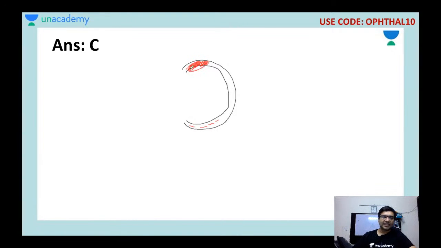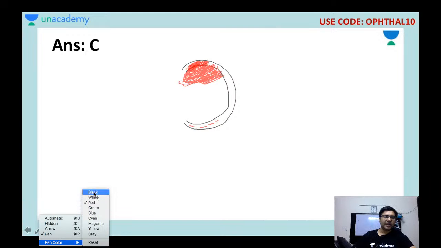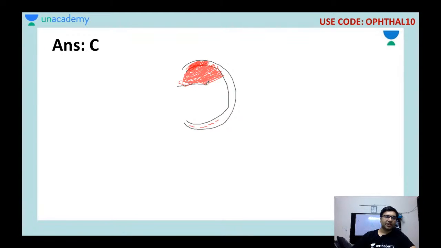Now this has caused a massive bleeding inside, and because of this massive bleeding, all the intraocular content is going outside. Every intraocular content is pushed forward.